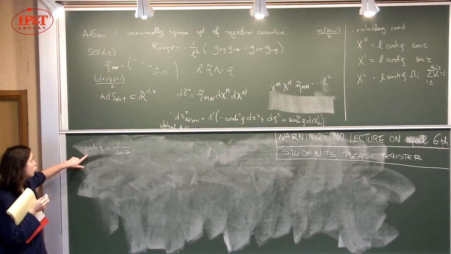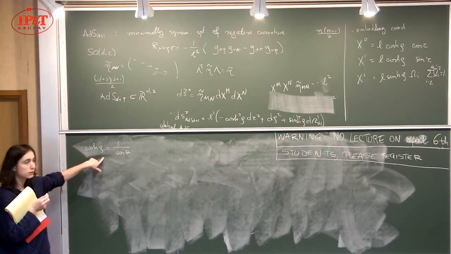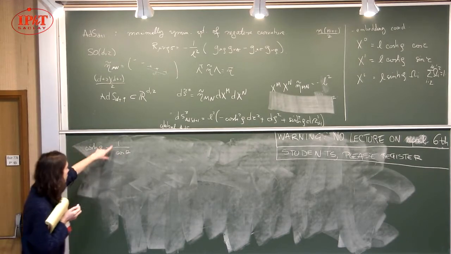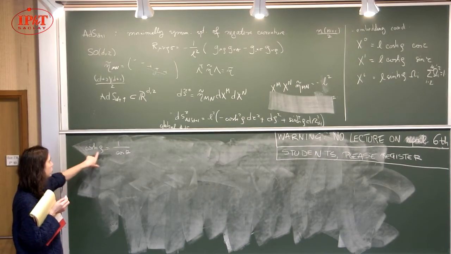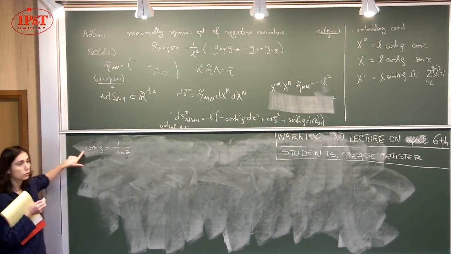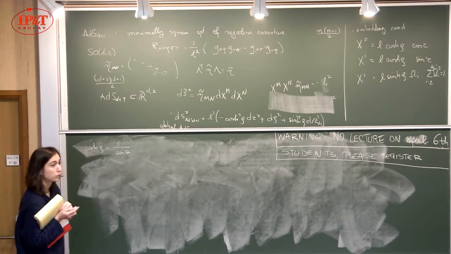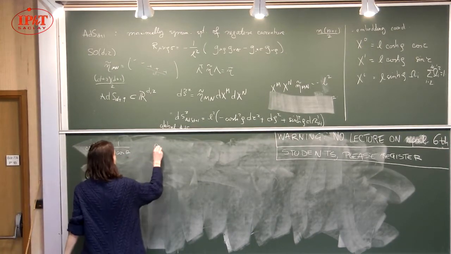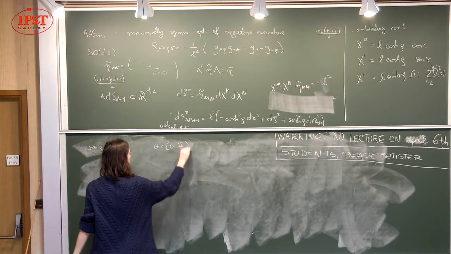So cosh goes between 1 and infinity for rho going between 0 and infinity. And this is okay because rho equal to 0 will correspond to theta equal to 0, and rho going to infinity corresponds to theta equal to pi over 2, where the cosine goes to 0. So we have theta in between 0 and pi over 2.